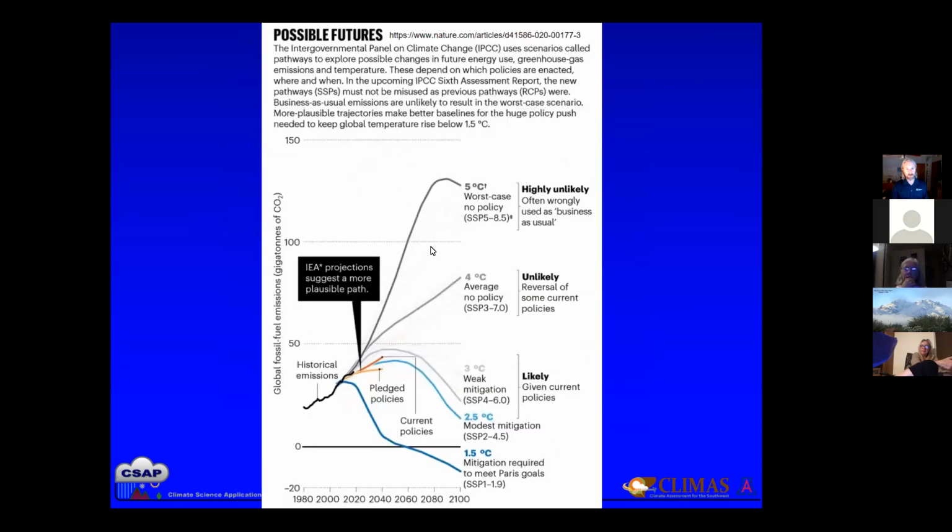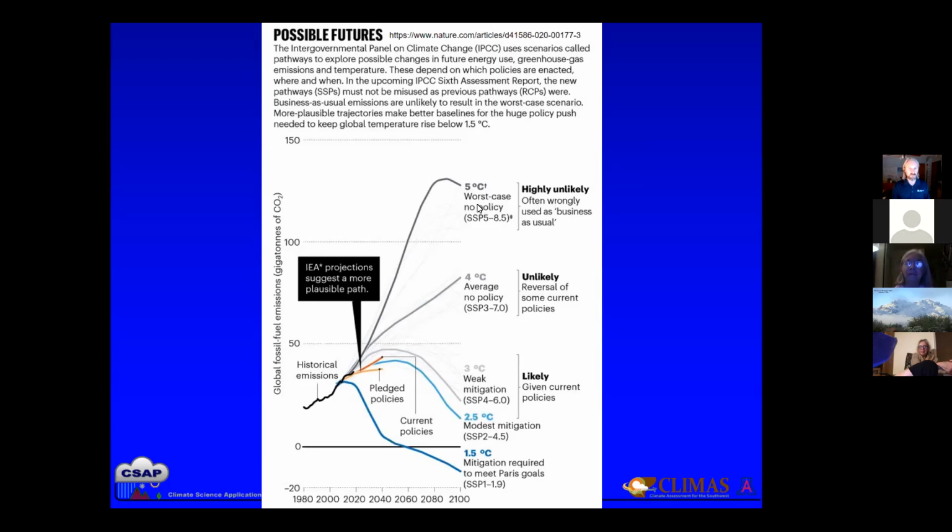Okay, so this is really quite interesting, because this is a paper in Nature from last year. When we have all these emission scenarios, this is now trying to reassess within them what the most likely paths are. So the 8.5 path, which is used as the worst case scenario, is, based on this assessment, highly unlikely.